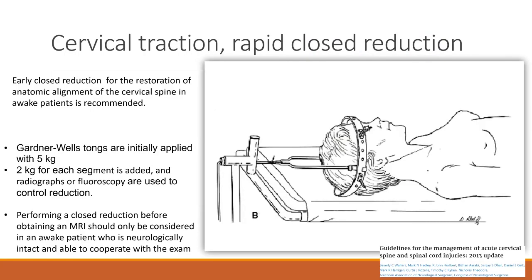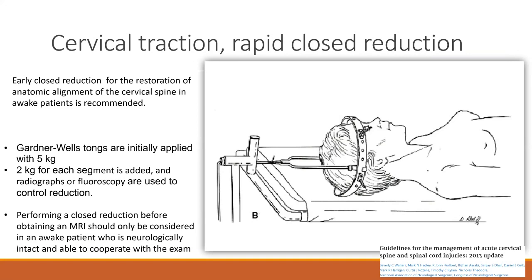Now, early closed reduction for the restoration of anatomic alignment in the cervical spine in awake patients is generally recommended. It is a well-established and useful technique that can be done in the ED, ICU, or within the OR itself prior to intervention in patients with an appropriate level of consciousness and generally under direct fluoroscopy.